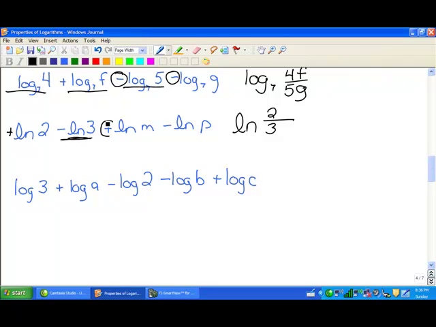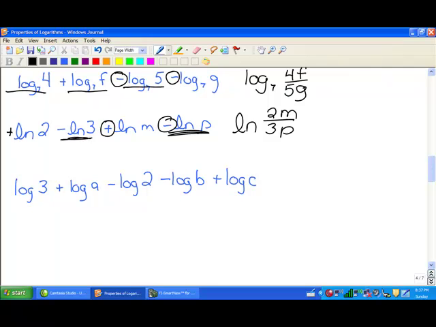The m would have to be on the top of the fraction because its log is positive. And the p would need to go on the bottom of the fraction because its log is negative. They don't necessarily have to go in the same order, but if you remember, if the log is positive, it goes to the numerator of the fraction, and if the log is negative, its factor is going to go to the denominator of the fraction.